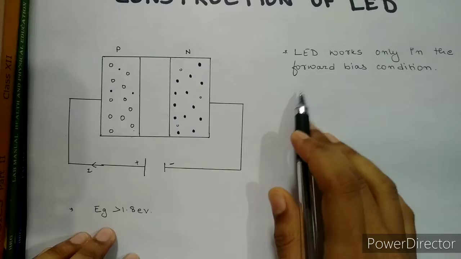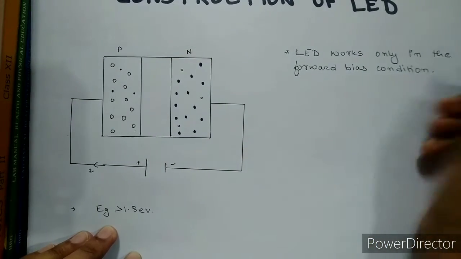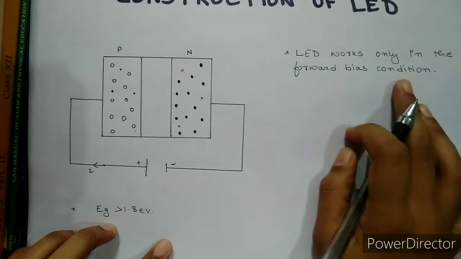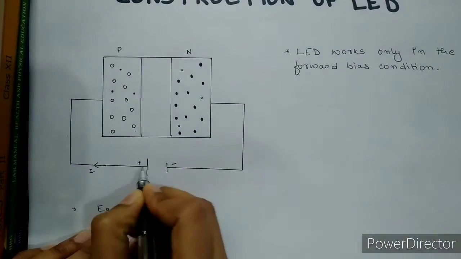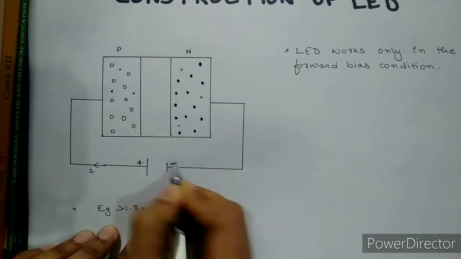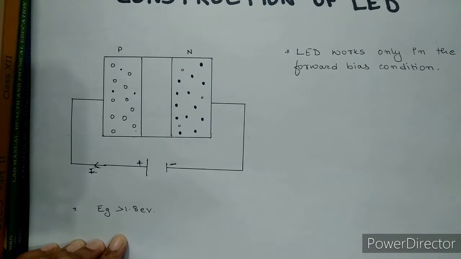Here I have mentioned that an LED works only in the forward biased condition. The main point is that an LED works only in the forward biased condition. Here this is forward biased, and current flows in this direction.